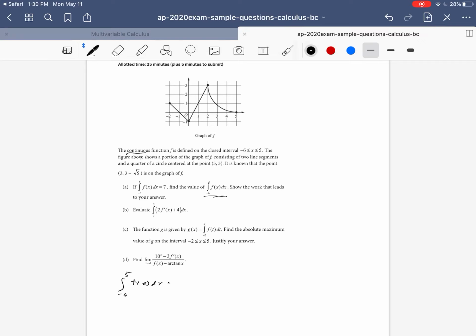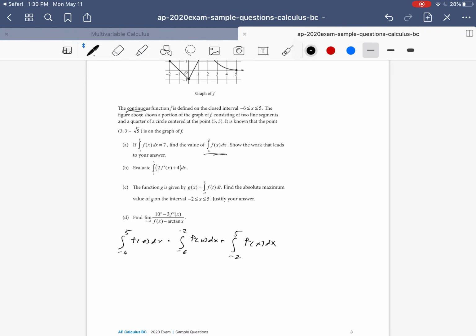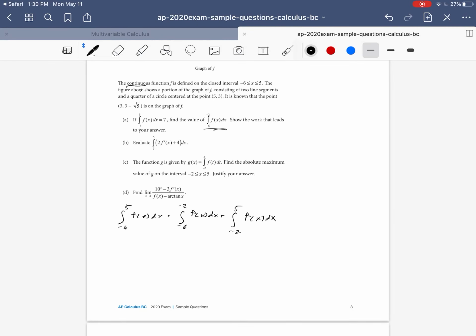So what we can say is that the integral from negative 6 to 5 of f of x dx is equal to the integral from negative 6 to negative 2 of f of x dx, plus the integral from negative 2 to 5 of f of x dx. I've just split the area at negative 2. And so we want to find the integral from negative 6 to negative 2 of f of x dx.